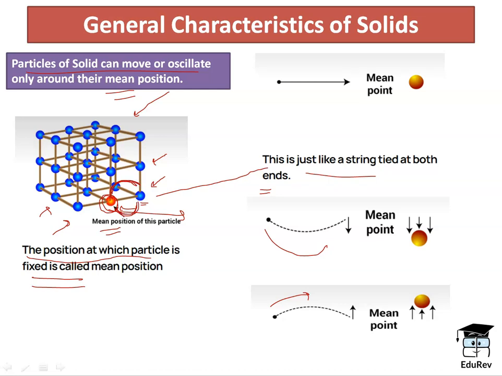Constant vibration is there. You will learn this in higher classes, that if we say that something is fixed, it is not actually fixed, as vibrations are always there. Constant vibrations are there. So this was the third characteristic of solid.